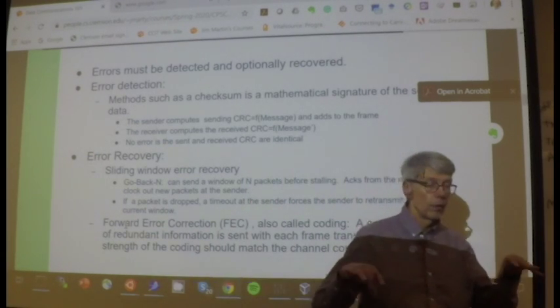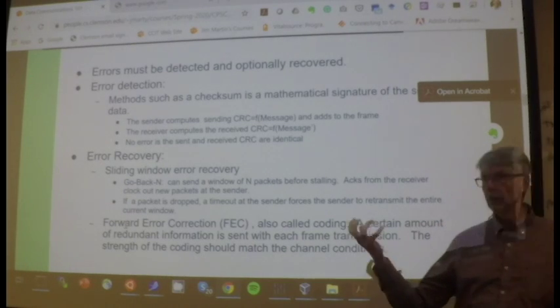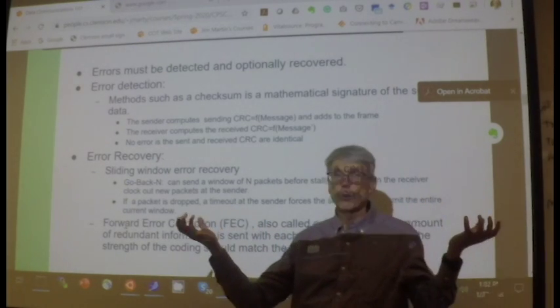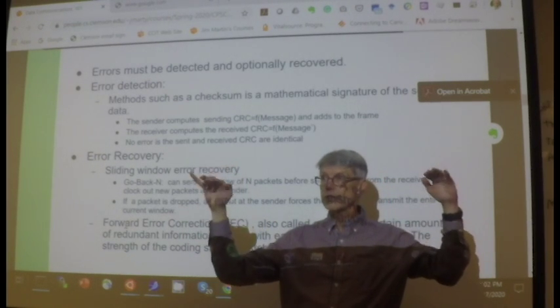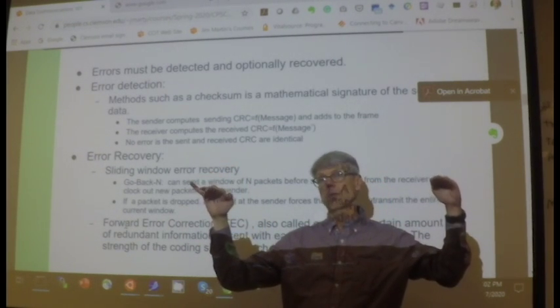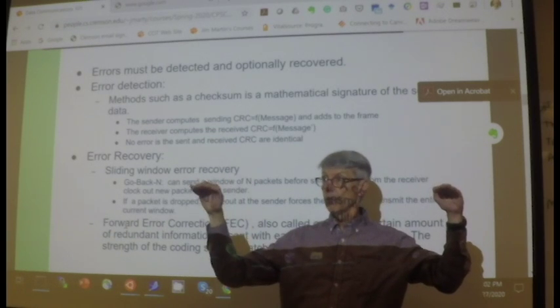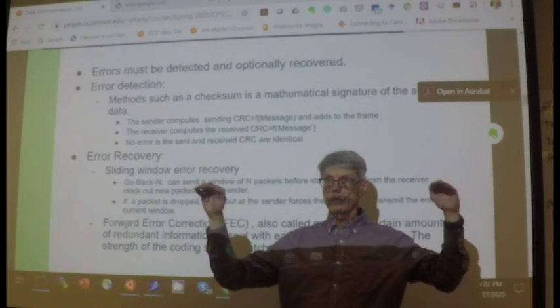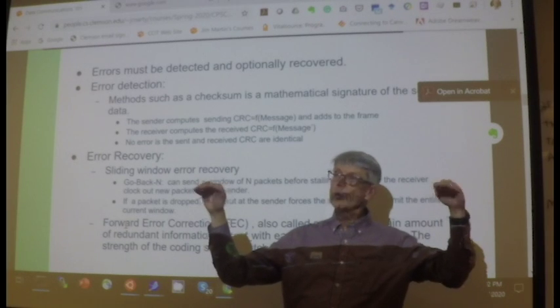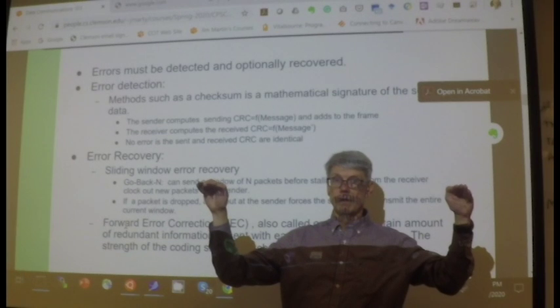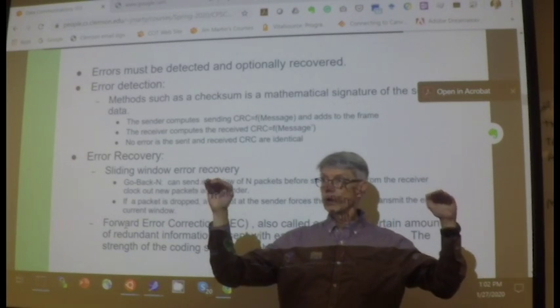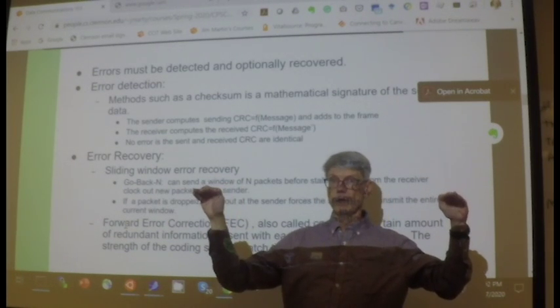At the transport layer, that's where an application will decide if it wants reliable or unreliable network connectivity. For unreliable, it will choose UDP. For reliable, it will choose TCP.